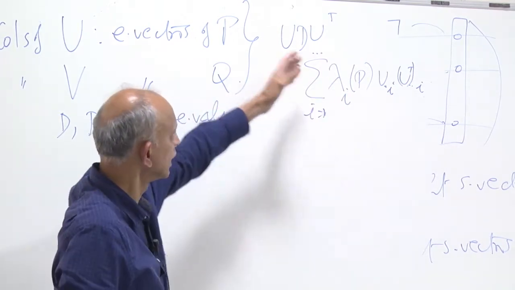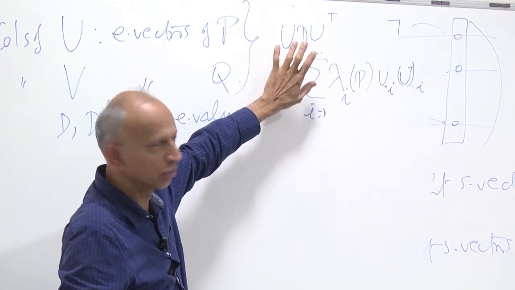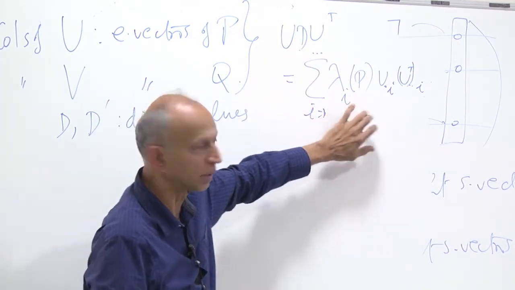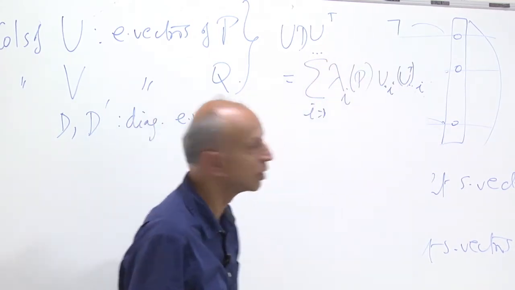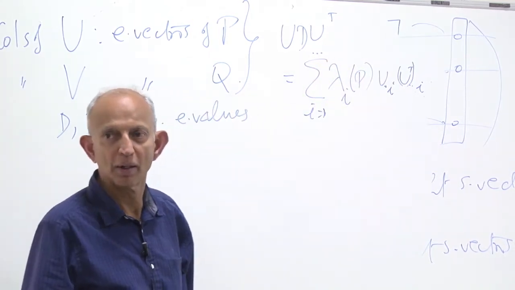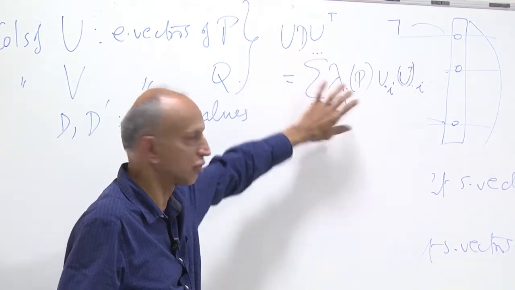I'm just expanding the matrix. This is a matrix notation which we haven't used before, but it is more standard than the notation we've been using. This is just the outer product of columns and rows, and they sum up. It's worth checking that these two are the same.